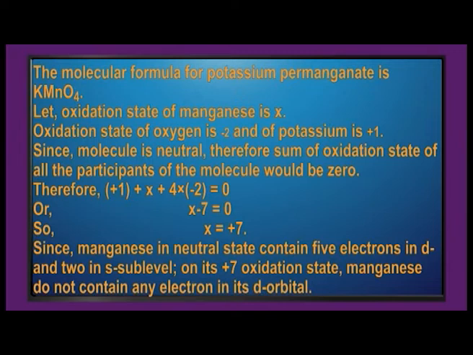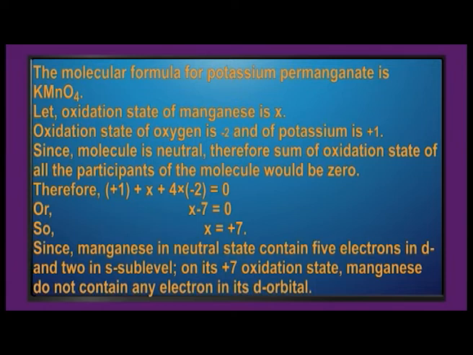Let the oxidation state of manganese be X, oxygen is -2 and potassium is +1. Since the molecule is neutral, the sum of oxidation states of all the participants of the molecule would be 0. Therefore, +1 plus X plus 4 times -2 equals 0, and therefore X becomes +7.